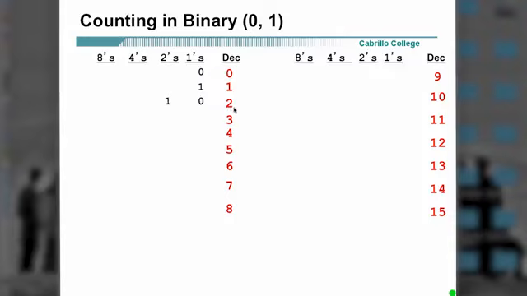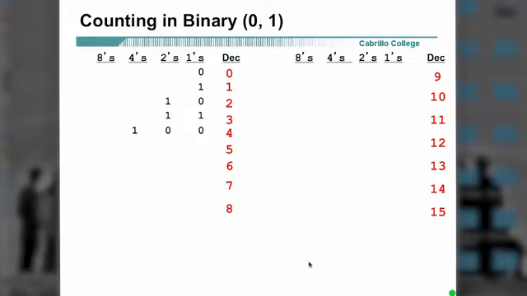That equates to 2. 1, 1 in binary is 1 two, plus 1 one. 2 plus 1 is 3. 1, 0, 0 in binary is 1 four, 0 twos, 0 ones. So we have 4. Wherever we have a 1, we just add up that column. If we have a 0, we don't add that column.